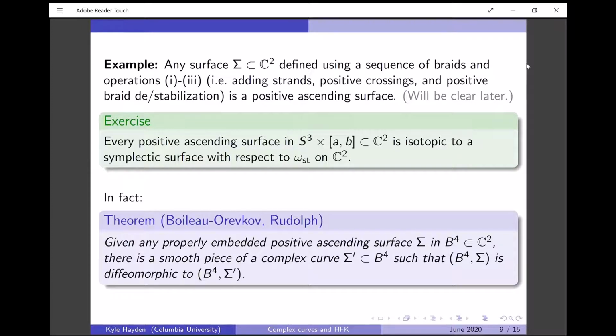So this is useful in the sense that, for example, using the construction outlined at the top of the slide, we can construct by hand positive ascending surfaces. And then the theorem at the bottom lets us say that there's at least some surface in the four-ball which is diffeomorphic to our initial surface and which is itself actually realized as a complex curve. So even though positive ascending surfaces are rather flexible, they stay very close to the realm of complex curves.